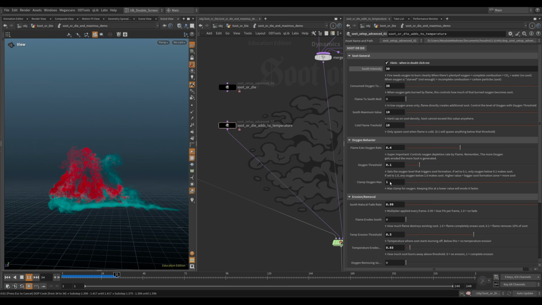So just keep that in mind. So in this case, you would have to go lower with how much we are eroding it based on temperature. So let's put this back to like 10. I think it was 100, but I think 10 would be a healthy number to have.